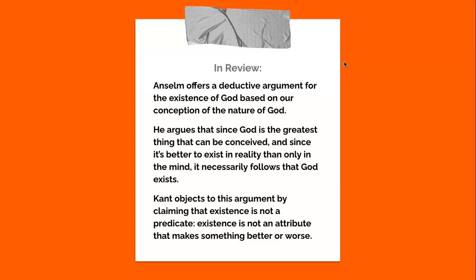Kant objects to this argument by claiming that existence is not a predicate. Existence is not an attribute that makes something better or worse. And in so doing, he intends to show that Anselm's premise 3 is false. And if premise 3 is false, then the conclusion is also false, and the argument fails.